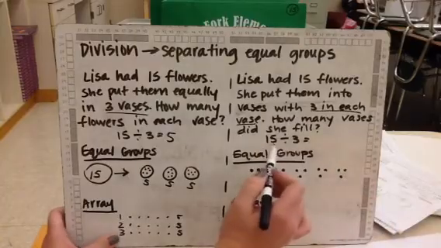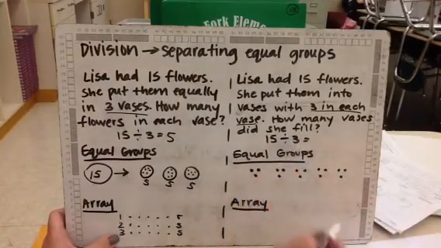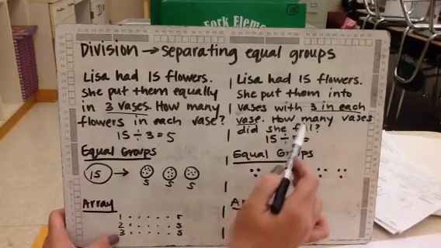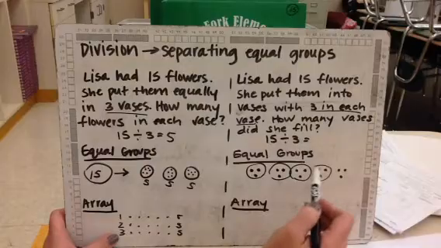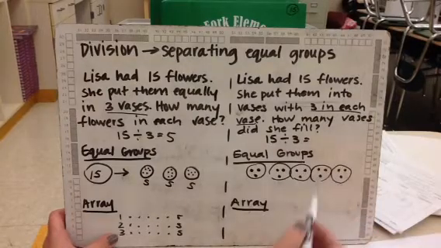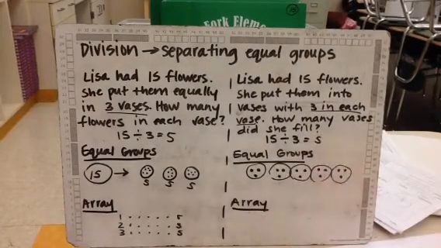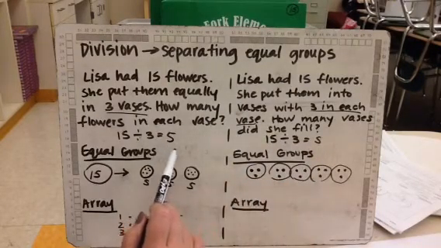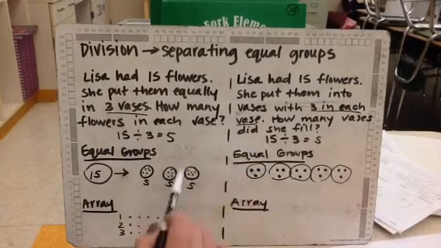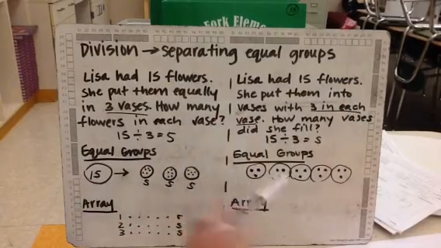All right, I gave out all 15 flowers, and I put them into groups of 3. So my question is, how many vases did she fill? Well, here's a vase, 2 vases, 3 vases, 4 vases, 5 vases. So my quotient here is showing how many vases I filled up. Again, the other quotient was how many were in each vase. Yes, the same equation, but two very different moments.